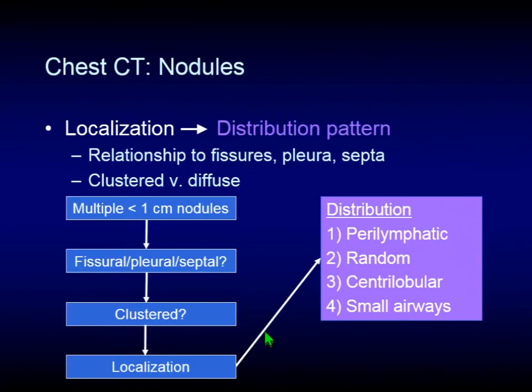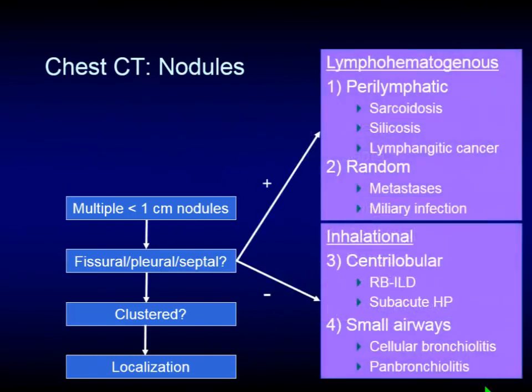And when you decide on localization, these are the patterns of distribution. So you think of perilymphatic patterns of nodules, random patterns of nodules, centrolobular, meaning it's the center of the secondary pulmonary lobule, or is it more of a small airways pattern? So let's break this open a little bit.